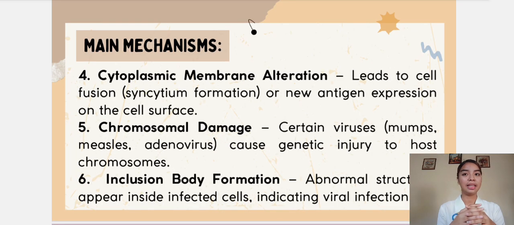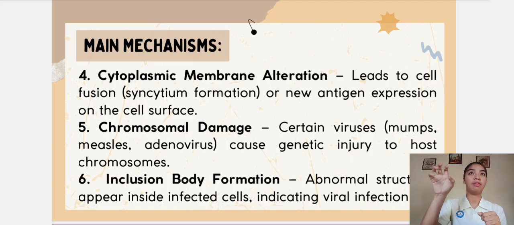Next, we have number 4. Cytoplasmic membrane alteration leads to cell fusion or syncytium formation or new antigen expressed on the cell surface. So, once na mag-accumulate na yung viral infection, nag-spread na siya sa loob ng cell, it can lead to new antigen expression on the cell surface. This can lead to syncytium formation.